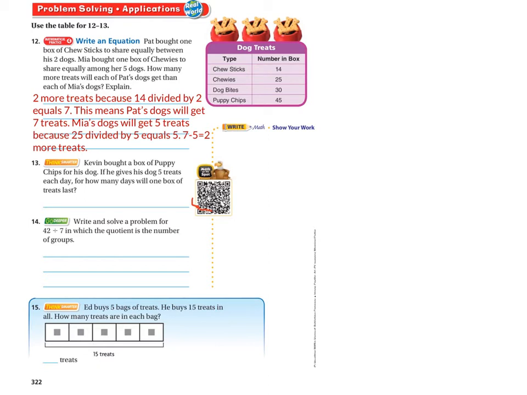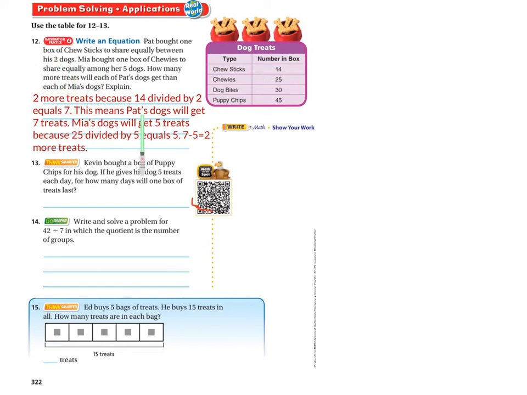So first, you really needed to read carefully and take this step by step. The first step to solving this problem is to realize Pat got 1 box of chew sticks. Now, if we look at the chart, there are 14 chew sticks in a box, and Pat is feeding 2 dogs.